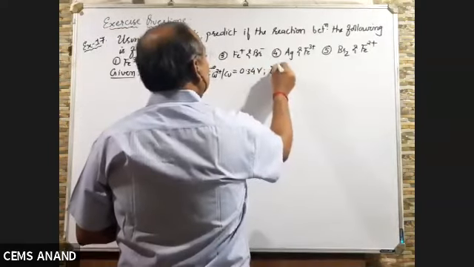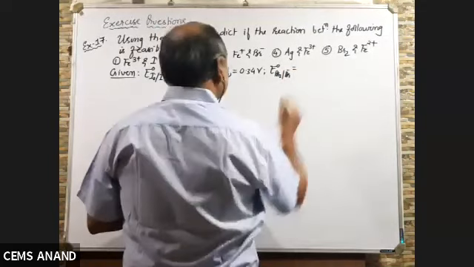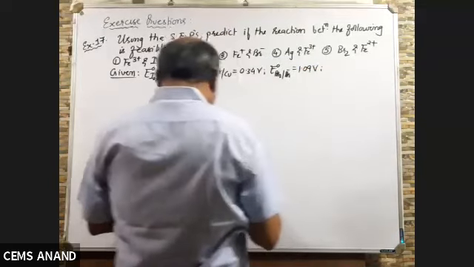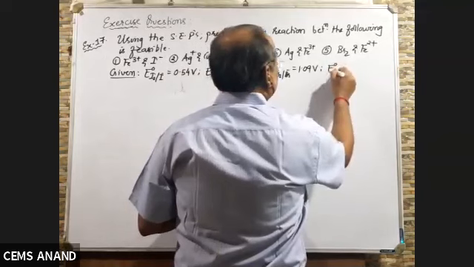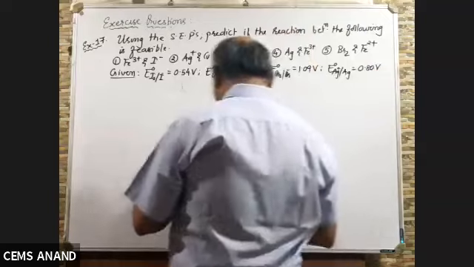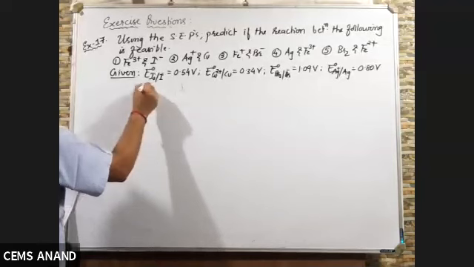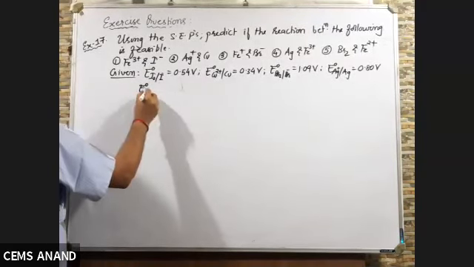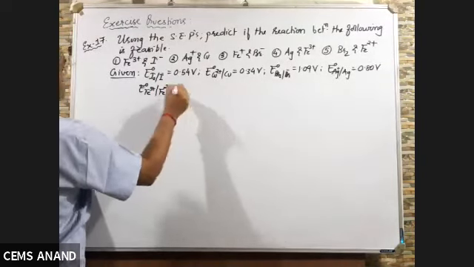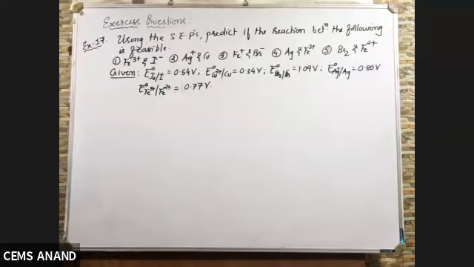E0 of Br2 oblique Br- is 1.09 volt. E0 of Ag+ oblique Ag is 0.80 volt. And E0 of Fe3+ oblique Fe2+ is 0.77 volt. This is the data given to you.